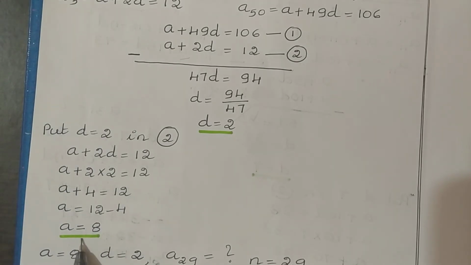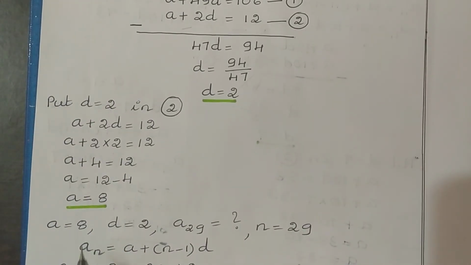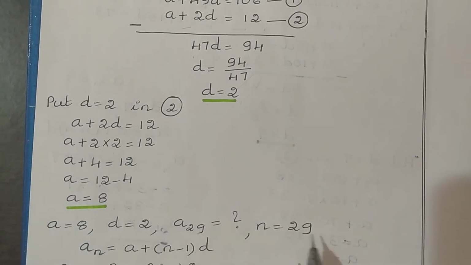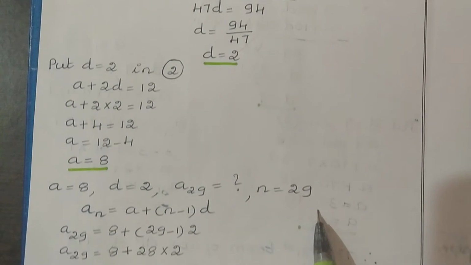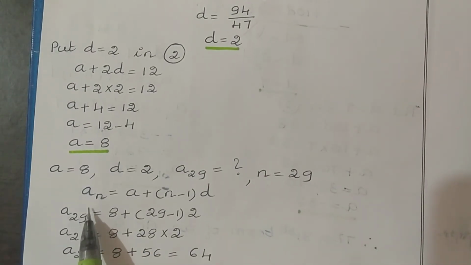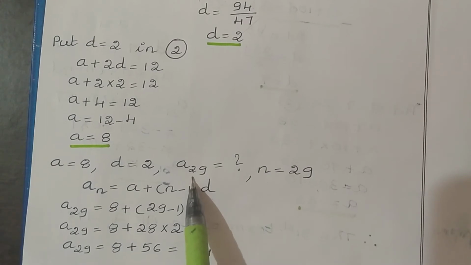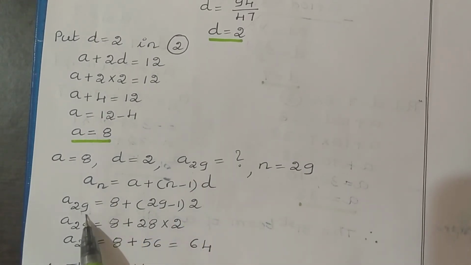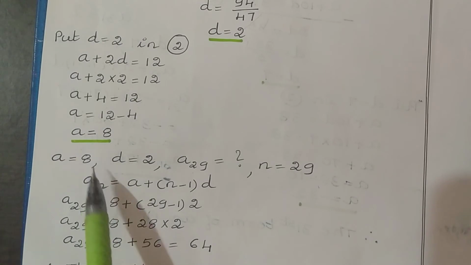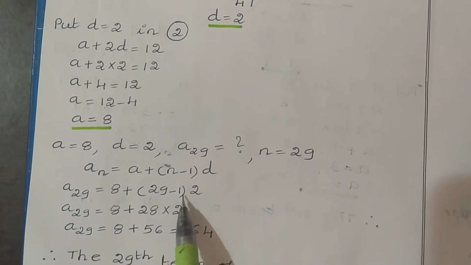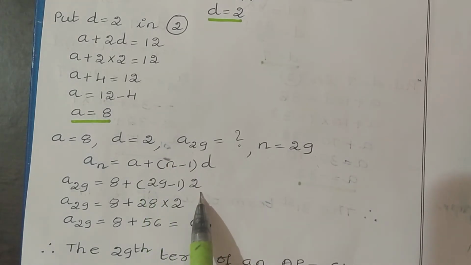Now we got the first term a as 8, common difference d as 2, and we need to find the 29th term, so n is equal to 29. Next let us use the formula for the nth term of an arithmetic progression, an is equal to a plus n minus 1 into d. Here the 29th term we need to find, so a29 is equal to 8 plus 29 minus 1, into 2.